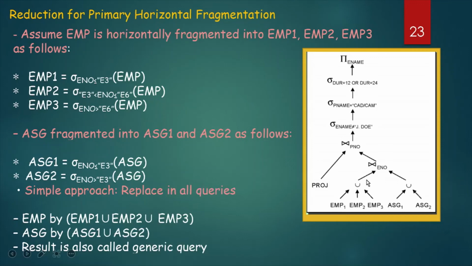We have to replace the EMP table by the EMP1, EMP2 and EMP3 tables, and we have to replace the ASG table by ASG1 and ASG2. And after union, we get the whole query. So in this way, the total EMP table is replaced by these three fragmented tables, and the total ASG table is replaced by these two fragmented tables.